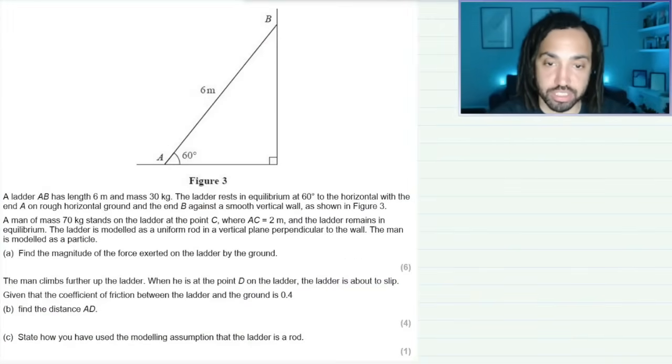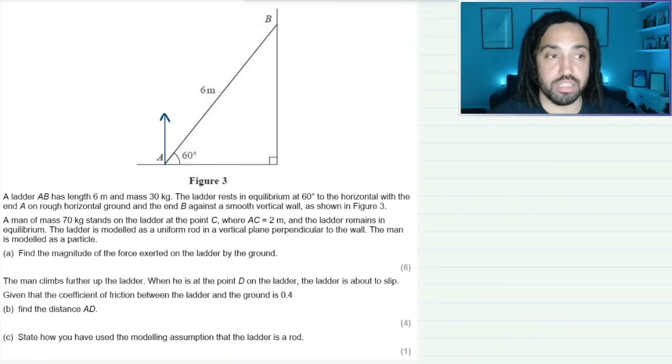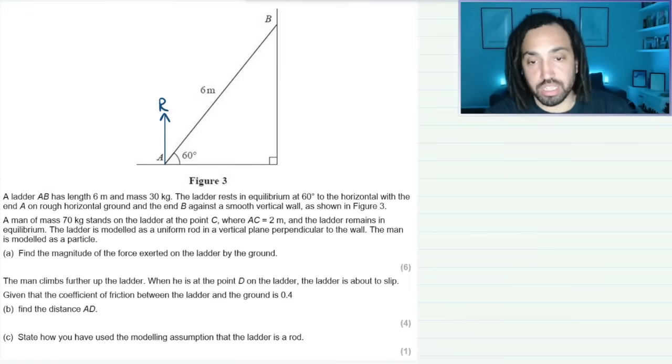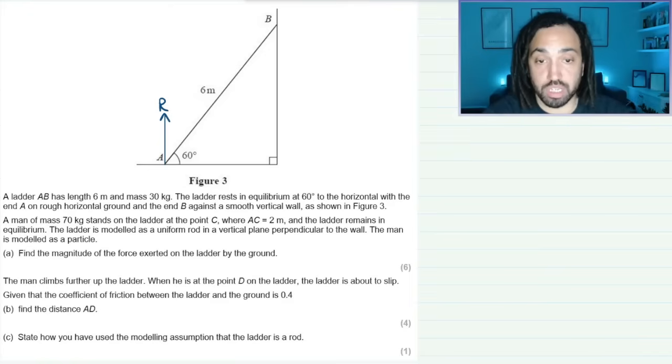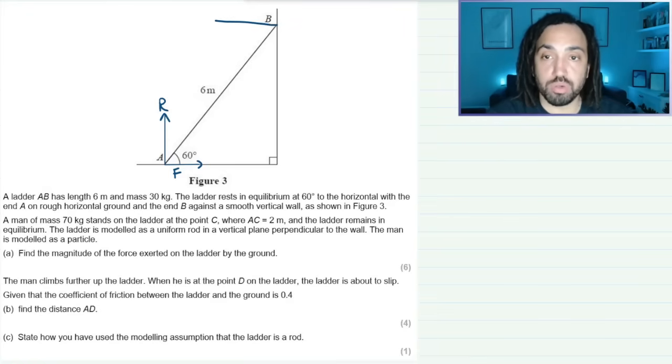Okay, ladders, absolute classic. We need to draw as much information on the diagram as we possibly can. So that will start with the reaction force, like that. It says that it is on a rough horizontal ground, so we've got frictional force acting in this direction there. And it's a smooth wall, so we just have the reaction coming normal to the wall.